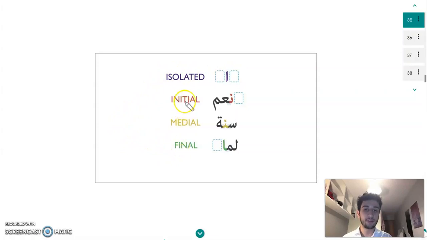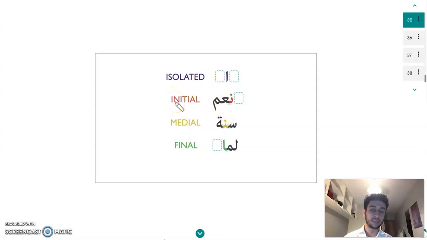It doesn't have the initial and the medial. The way it's written as an initial letter is the same as the isolated form, and the way it's written as the medial letter is just its final form. I'll show you more about this as we move on in this session.